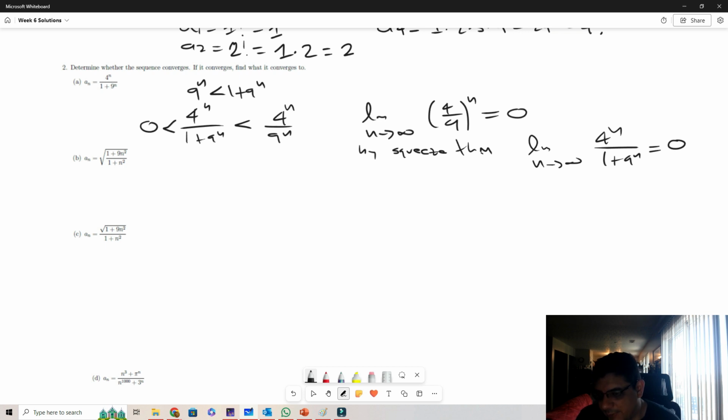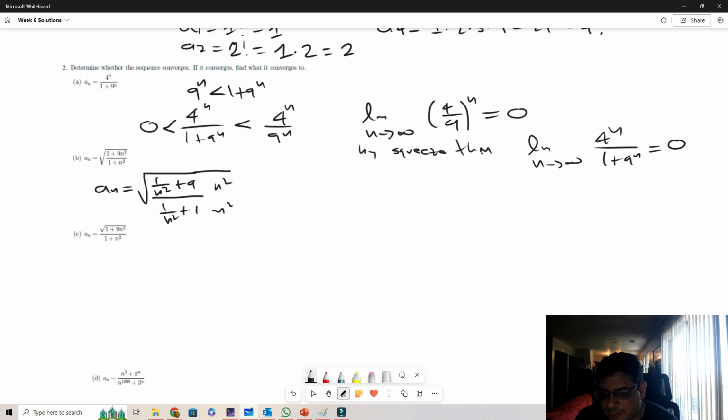In question B, I have a root of this fraction, and I can probably simplify this a bit. I can rewrite this by dividing by n squared everywhere. So this is 1 over n squared plus 9, and below this will be 1 over n squared plus 1, and notice that this is like factoring out n squared top and bottom.